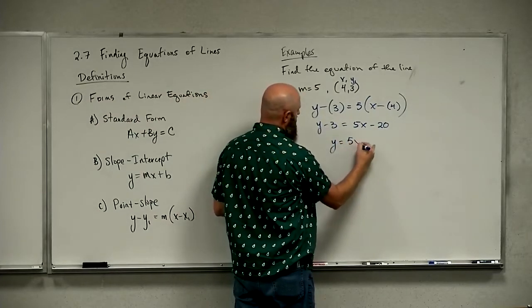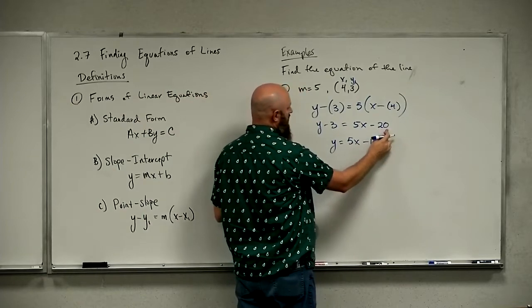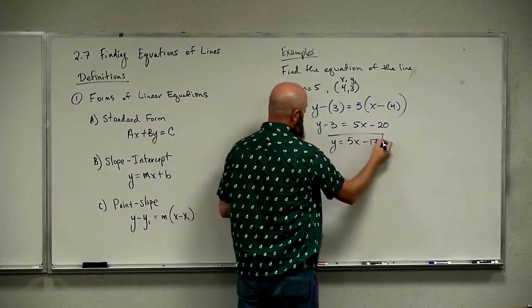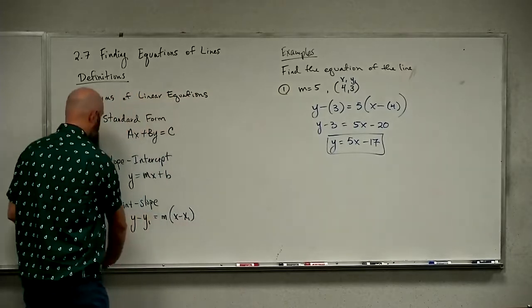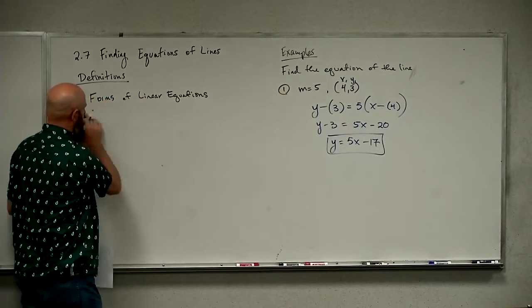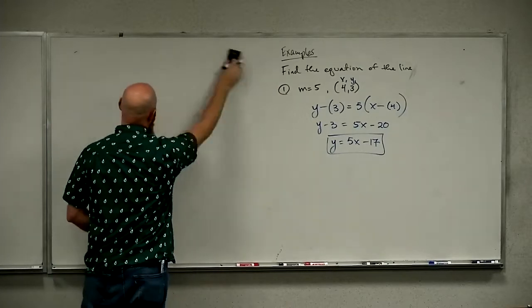So y equals 5x minus 17. It's negative 20 plus 3 when I move that over. And here is my equation. That's what we're going to do every single time: plug in the things we know and then work through it.